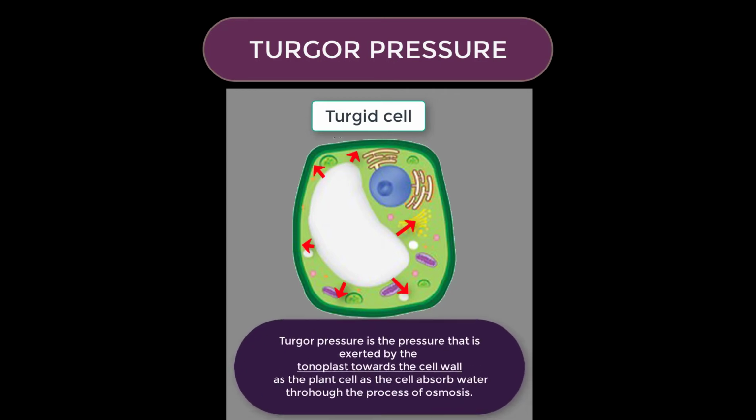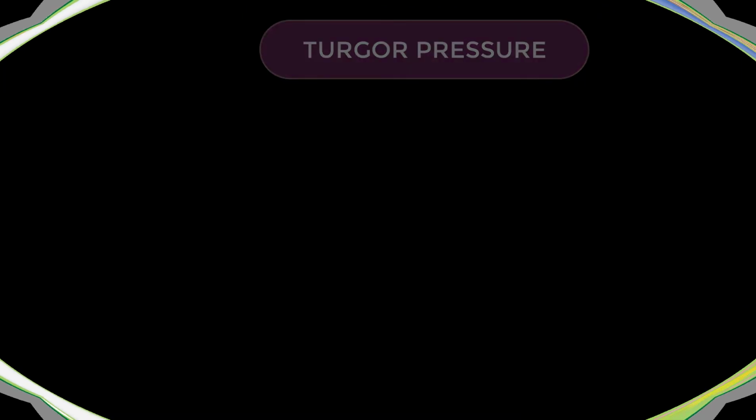That pressure that is generated when the tonoplast is pushing towards the cell wall is called turgor pressure. Therefore, we can define turgor pressure as the pressure that is exerted by the tonoplast towards the cell wall as the plant cell continues to absorb water through the process of osmosis.